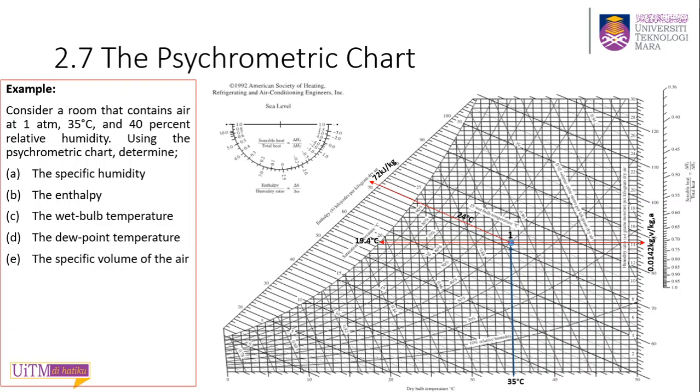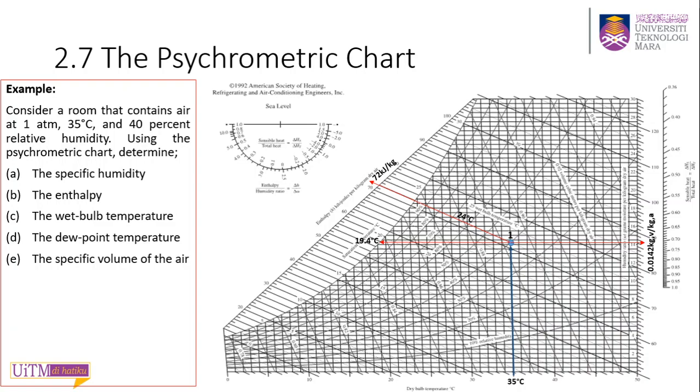Between 10 and 15, there are maybe 6 spacings. Between 15 and 20, there are 8 spacings. So the spacing between these temperature values is not the same, so we have to divide it equally, and when we read it, we have to read it as precisely as possible.